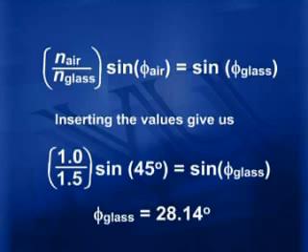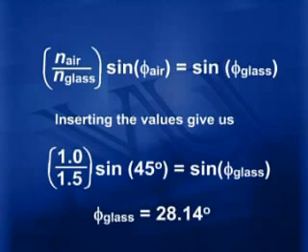Now inserting the actual values for n_air and n_glass and giving certain values for the incident angle as well, we can come up with this calculation for the angle of refraction in glass as, say, air has got index of refraction 1.0, we replace that value. Glass has got index of refraction of 1.5, so we place that value as well in this relation. अब अगर incident light ray 45 degrees के एंगल पे हिट करती है ग्लास सरफेस को, तो उस सूरत में our phi_air would be 45 degrees.